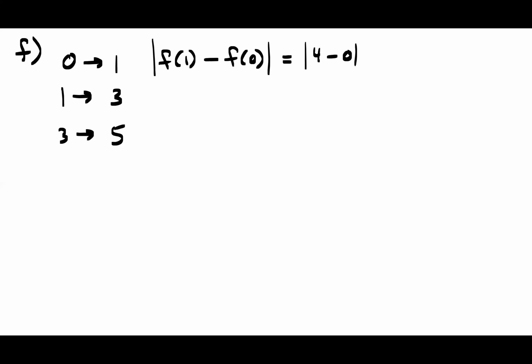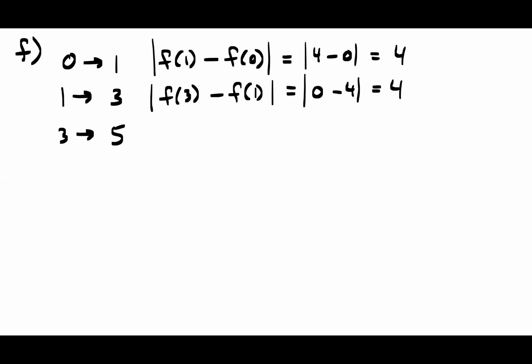You can do it formally, and you can also look at the graph. We covered 4 units of space. What happened when we went from 1 to 3? Absolutely. We went in the negative direction, yet we still covered 4 units of space, because distance traveled is never negative.